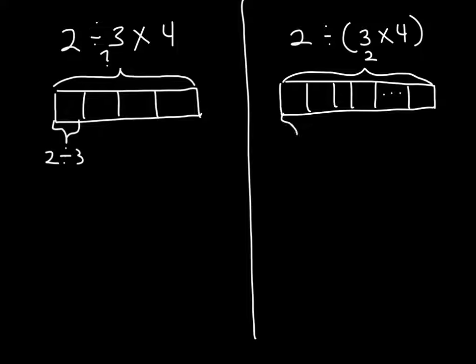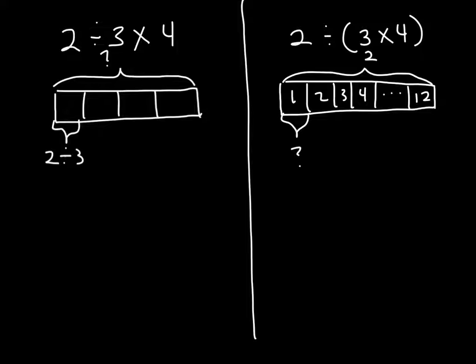And then we want to find out how much is in each part. So the first thing we have to do to find the number of parts is multiply 3 times 4, which of course is 12. So we know that we have 1, 2, 3, 4, and then we'll go up to 12 parts. And then 2 divided into 12 equal parts will equal how much?